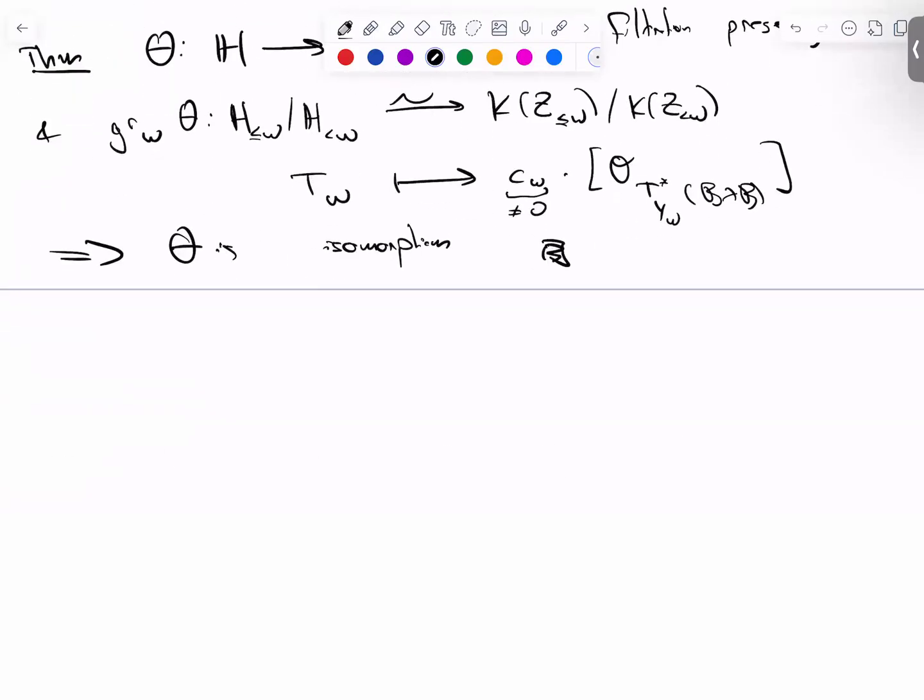So now we need to do the categorical local Langlands.